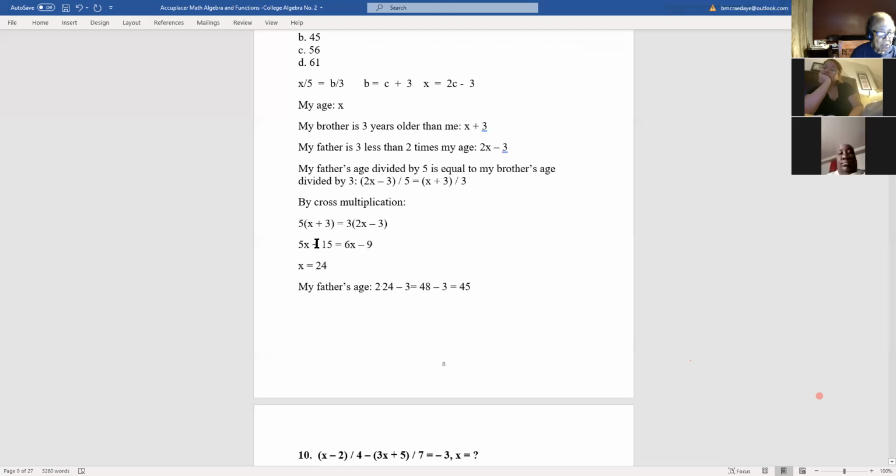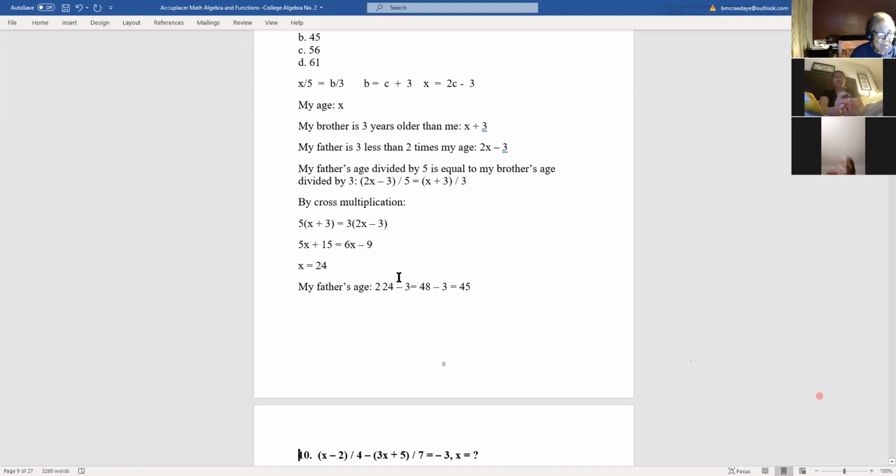Add the 9 to both sides, you get what? 6x minus 5x is 1x, so you get x equals 24. So your father's age is what? 2 times 24 minus 3.